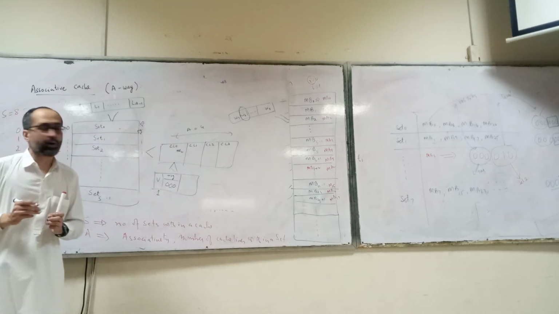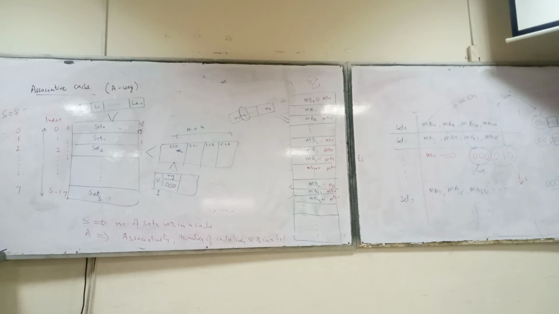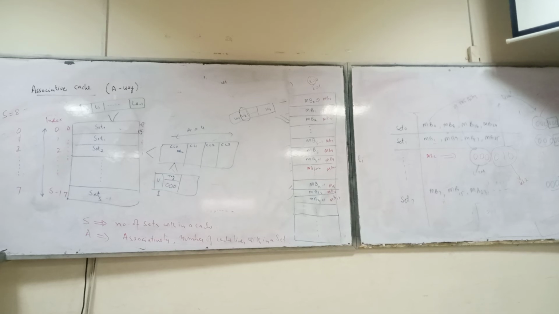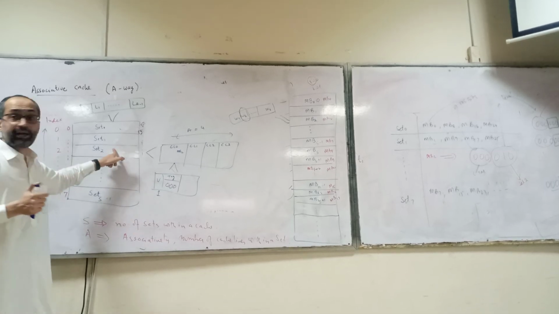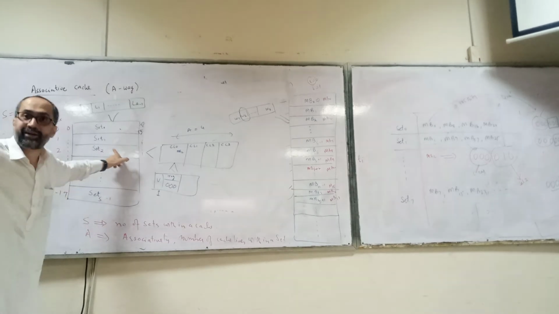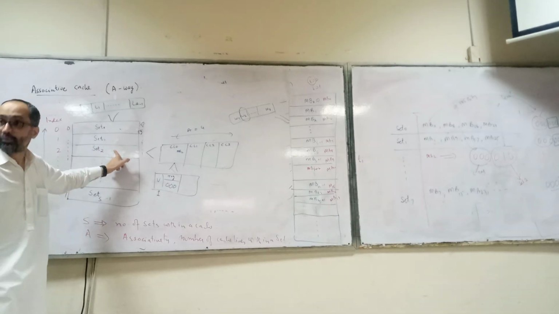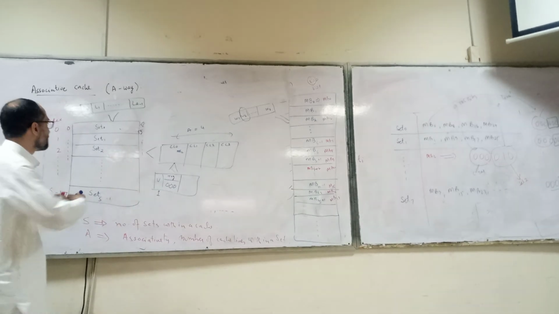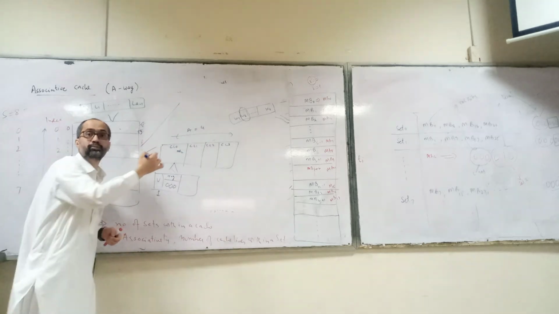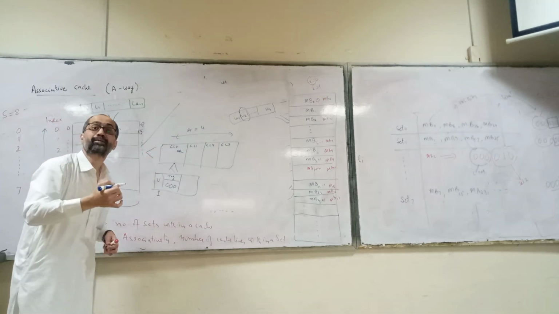Why is this tag field required? Can anybody let me know why this tag field is required? Because the number of main memory blocks that are mapped to set 2 is very high. Which blocks are mapped to set 2?